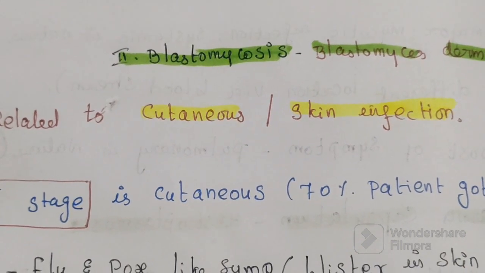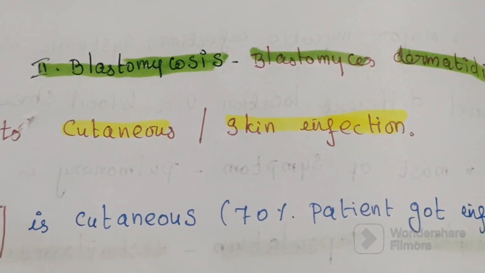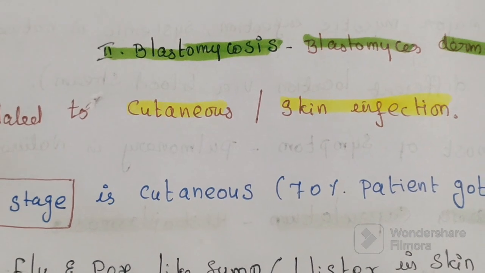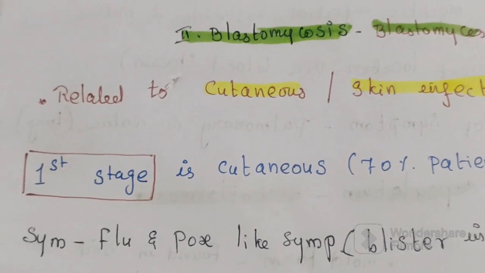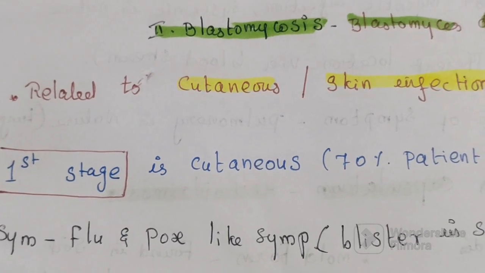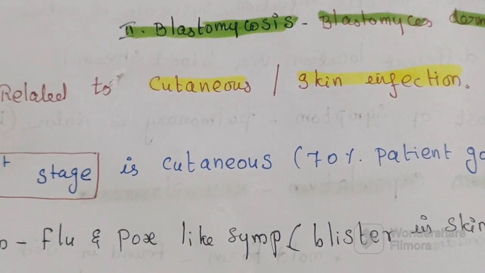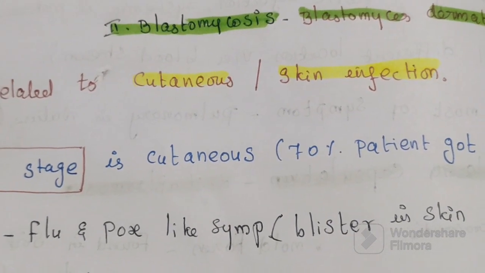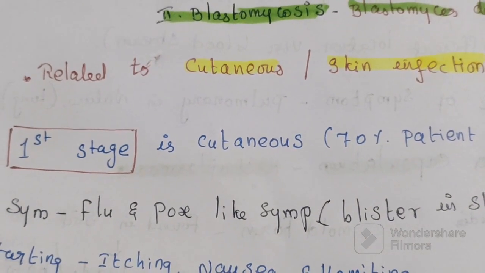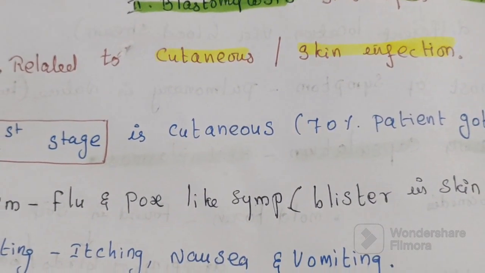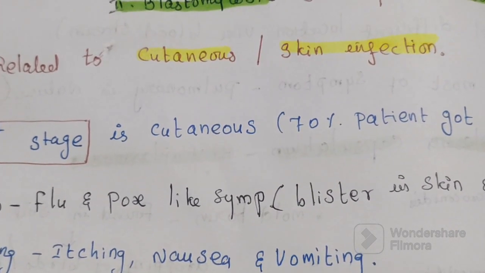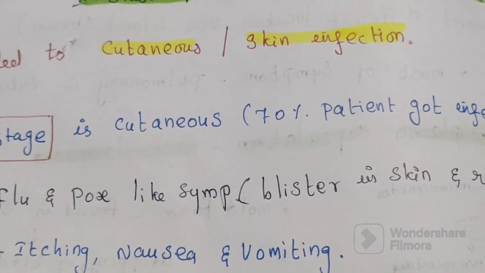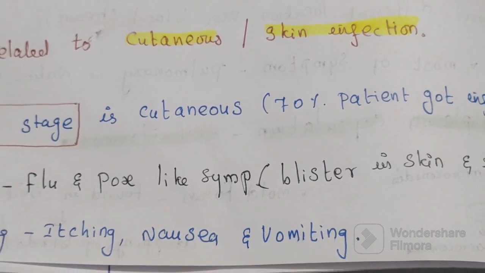Second, systemic infection. The disease name is called Blastomycosis, causing agent Blastomyces dermatitidis. It is related to cutaneous or skin infection. The first stage of Blastomycosis is cutaneous, and 70% of patients get this infection. Symptoms are flu and also pox-like symptoms, like blisters on the skin and rashes, that means maculopapular rashes start to form.